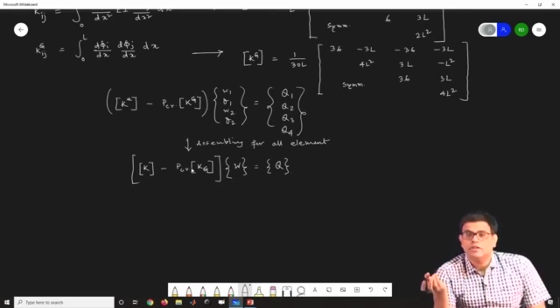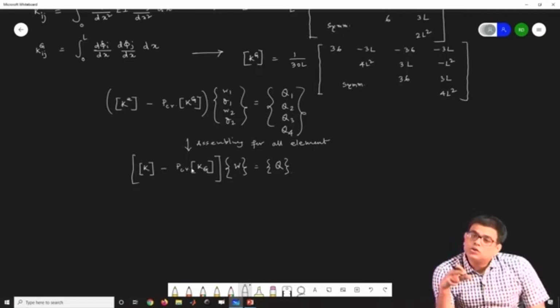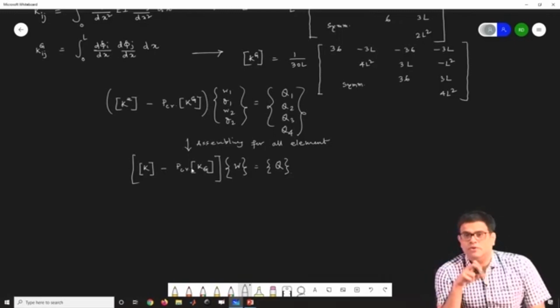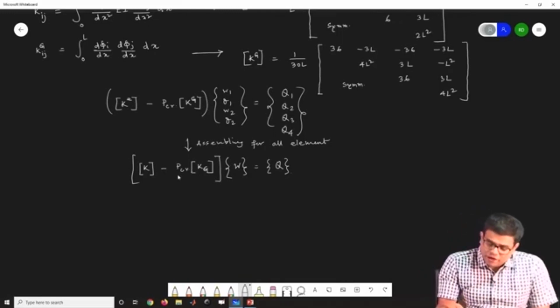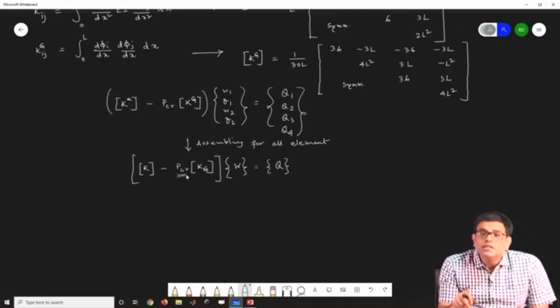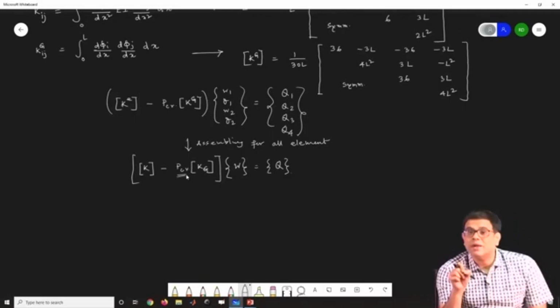The total degrees of freedom in your structure will be 11 into 2. Some of the degrees of freedom will obviously be specified. The total number of buckling loads will be the total number of degrees of freedom you have considered, because the eigenvalues depend on the matrix sizes.